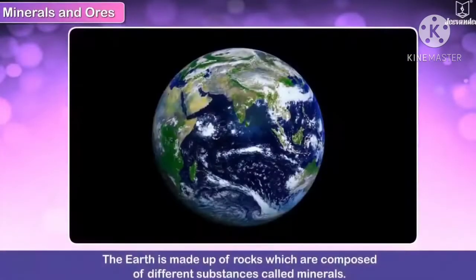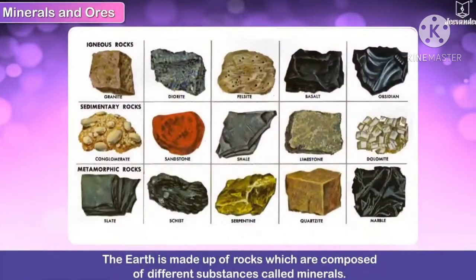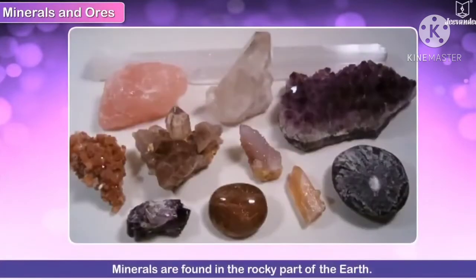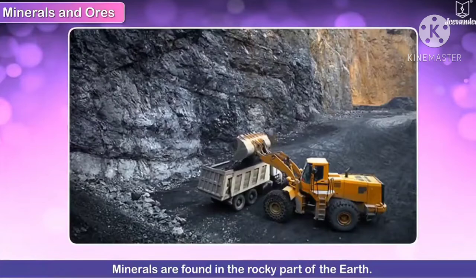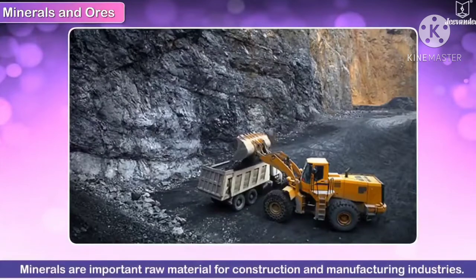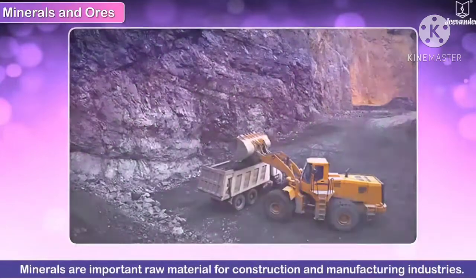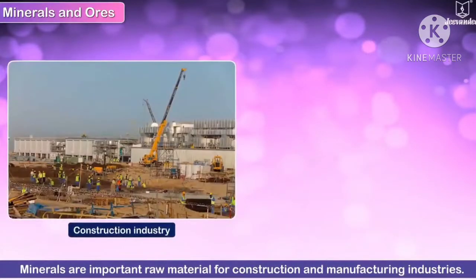Now, the earth is made up of rocks, which are composed of different substances called minerals. Minerals are found in the rocky part of the earth, and these minerals are being used by construction and manufacturing industries.